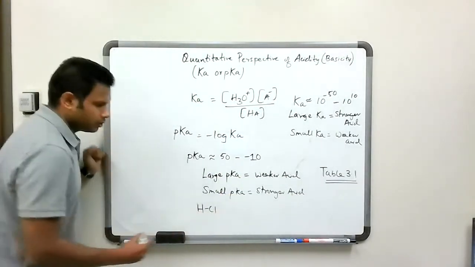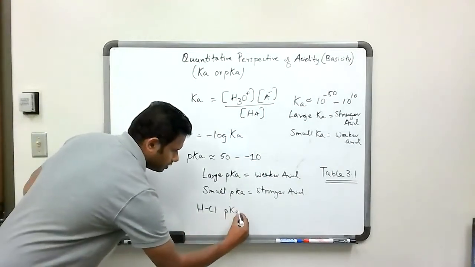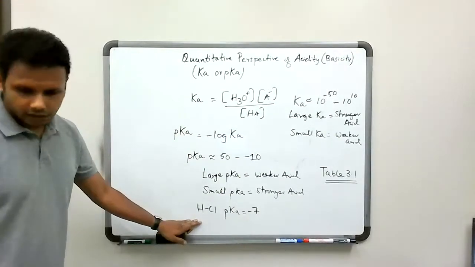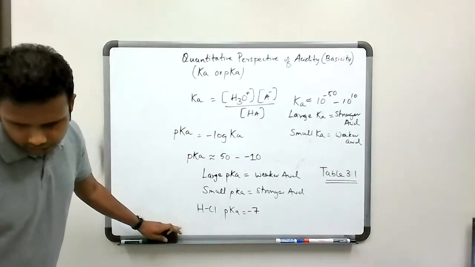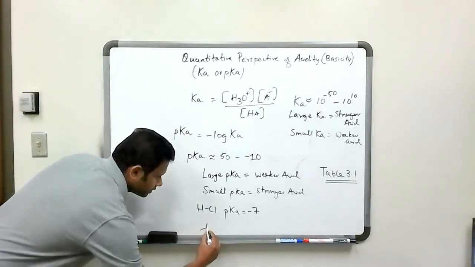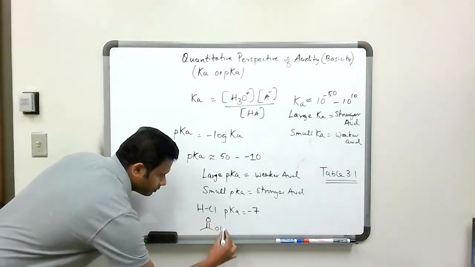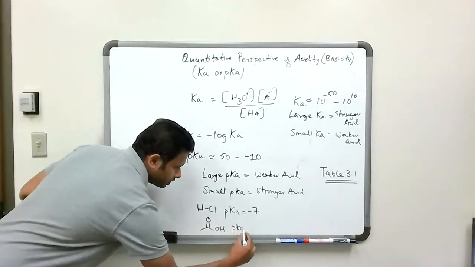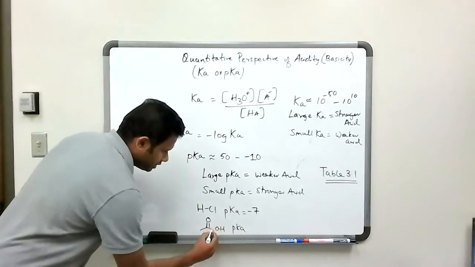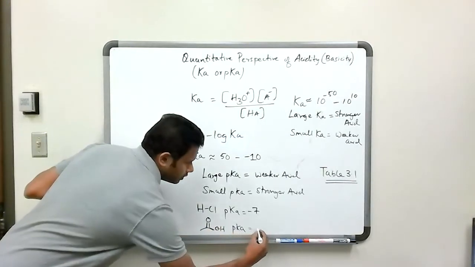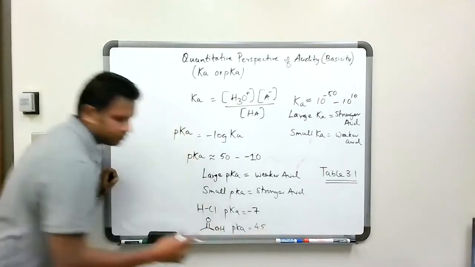HCl, hydrochloric acid, pKa is negative 7. And acetic acid, which is vinegar, we used this in one of the previous lecture videos. The pKa of acetic acid is 4.5 approximately.